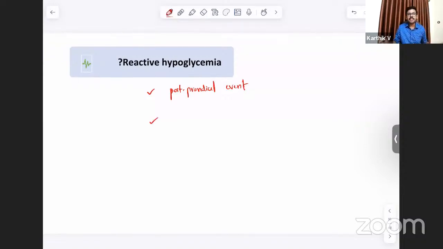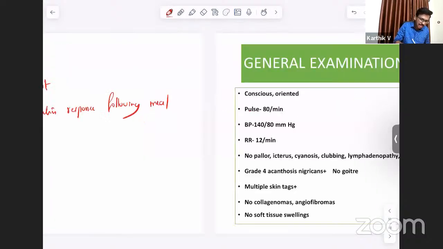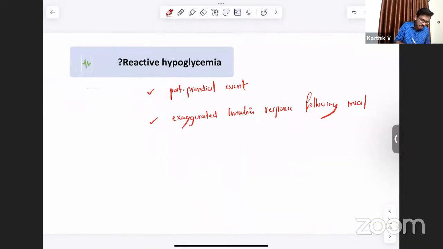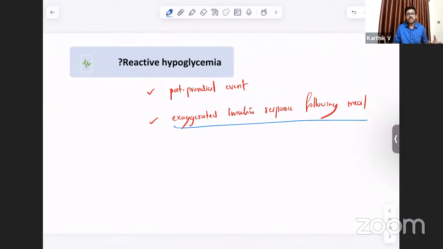And the basic cause for reactive hypoglycemia is the exaggerated insulin response following a meal. So exaggerated insulin response following a meal is the most common cause for reactive hypoglycemia. So in which situations do you think of reactive hypoglycemia?